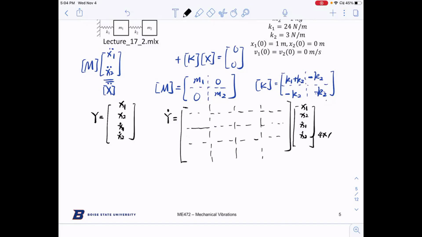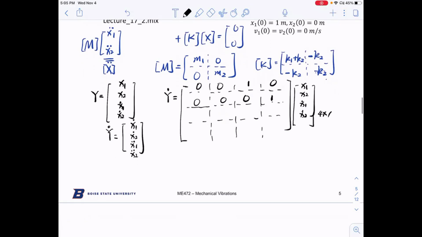So the y dot from top to bottom is x1 dot, x2 dot, x1 double dot, x2 double dot. x1 dot luckily is one of the state variables. It's the third state variable. So that means your third column should be 1. All the others should be 0. Your x2 dot is the last state variable. So that's why this is 1 and all the others are 0.